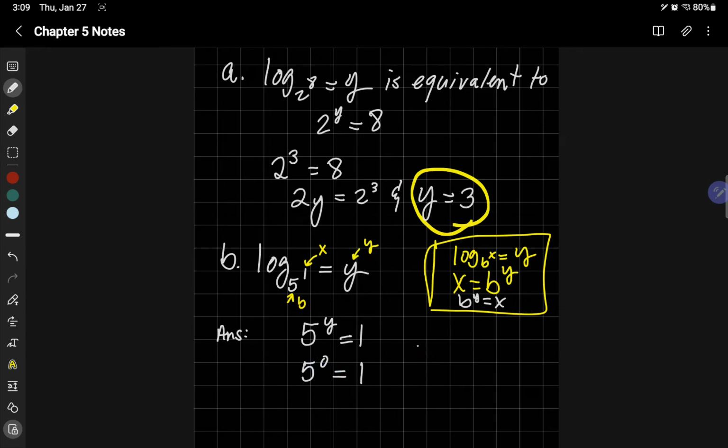The book is showing 5 to the y equals 5 to the 0. And y equals 0.